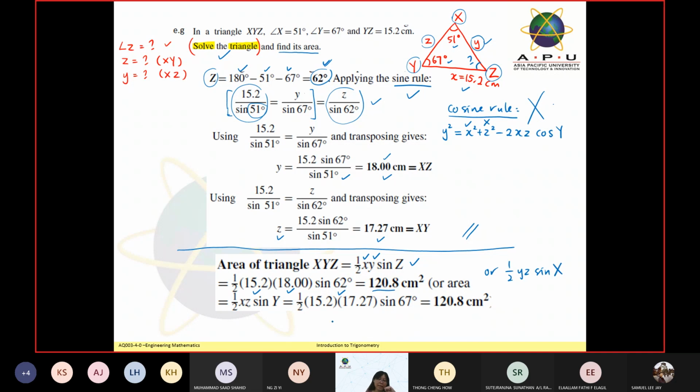Also can. For half xz sine y, you just substitute x and z as 15.2 and 17.27, then the angle y, which is 67. Then of course you should get the same answer. Is that clear? How to find the area?